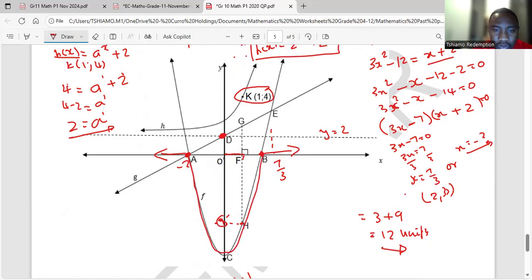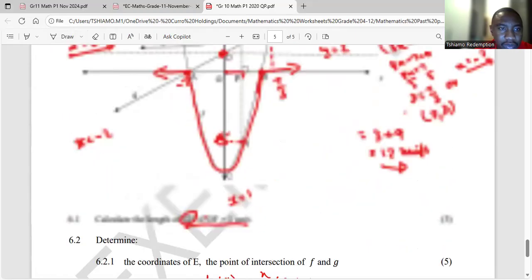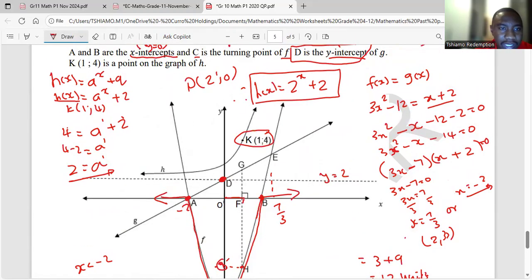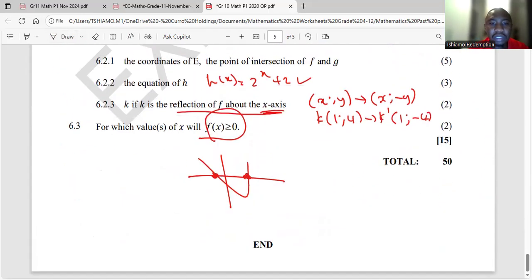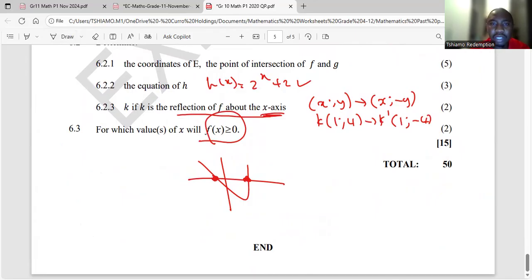It's below 0. So the graph is above 0 outside that interval. Is it included? Let me check. Yes, it's included. So we include that. It's at zero there and above zero from there or from anywhere beyond. So on the two sides going outward, not in between the two. And that is it. Done with the question.